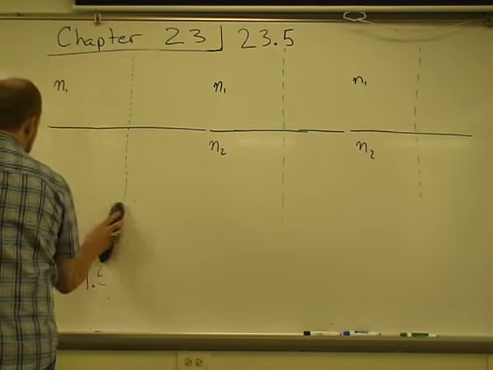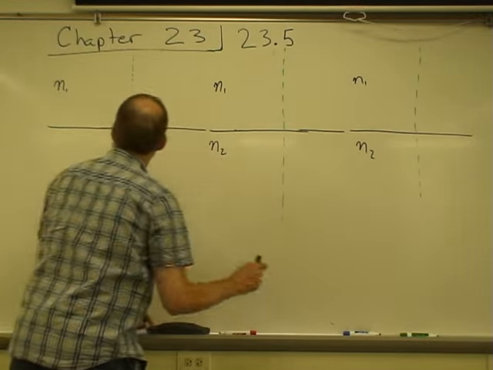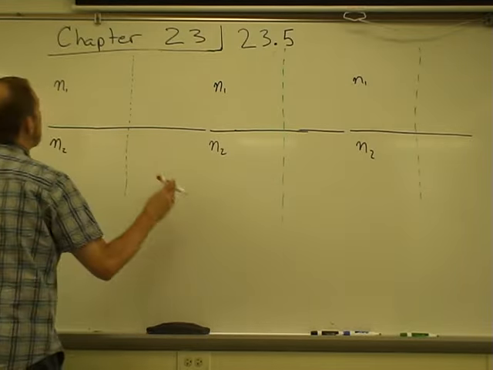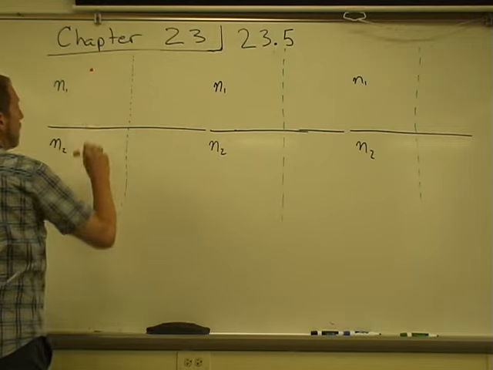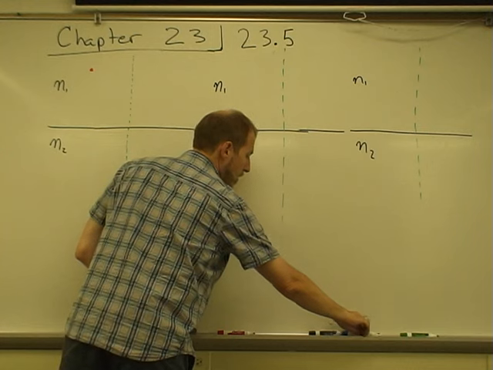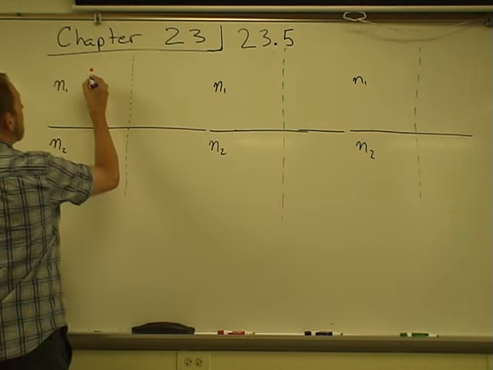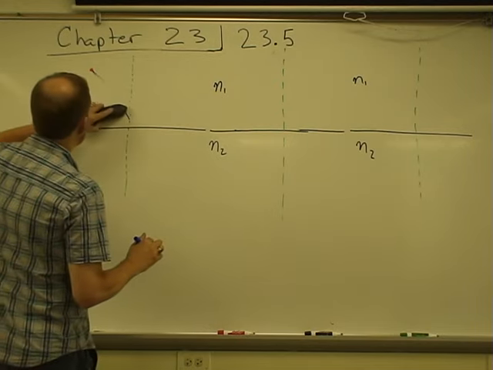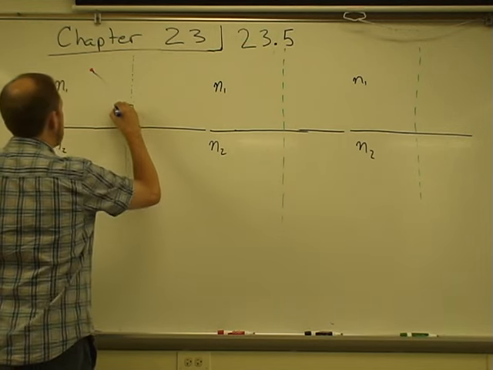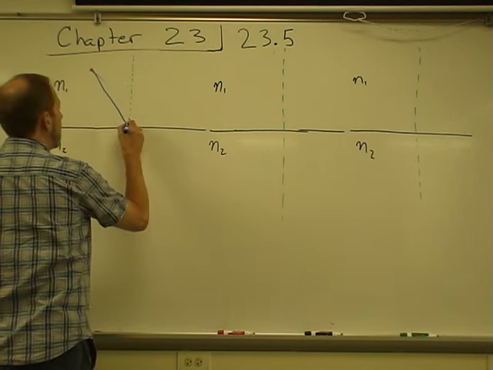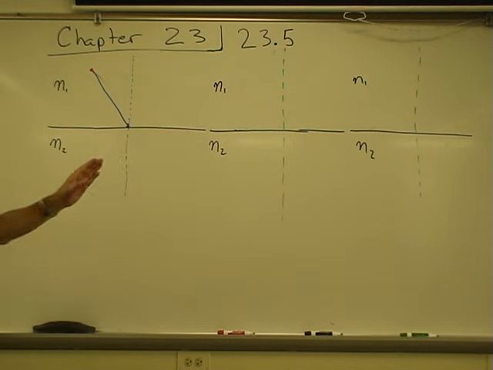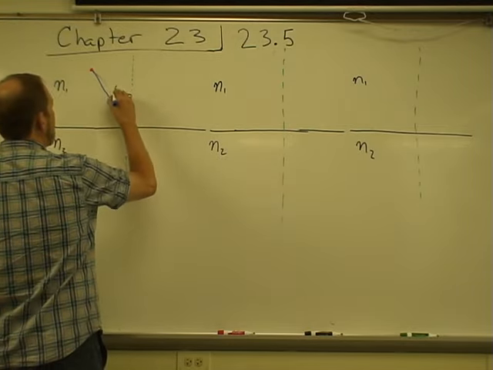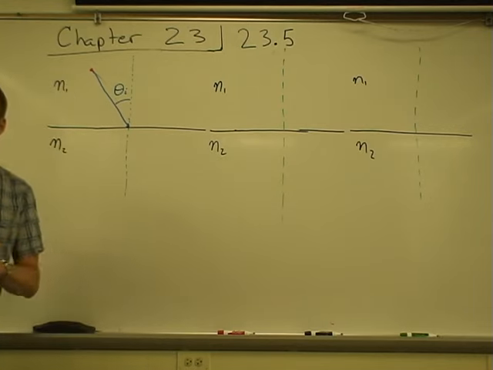If I want to look at how light interacts as it goes from one medium to another, okay, we have light coming in to where it crosses from one medium to another at some angle of incidence as we used before.